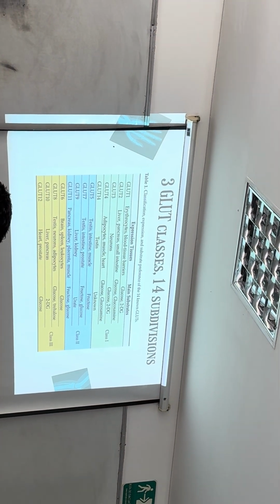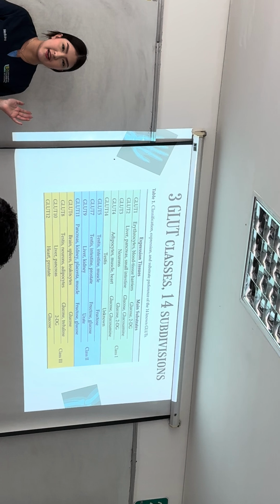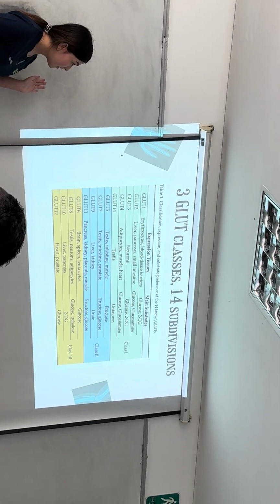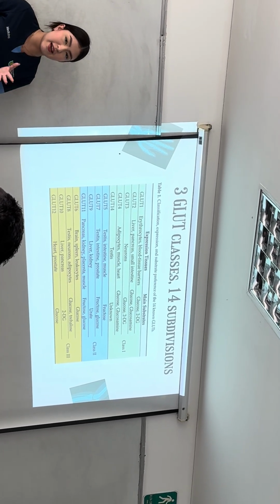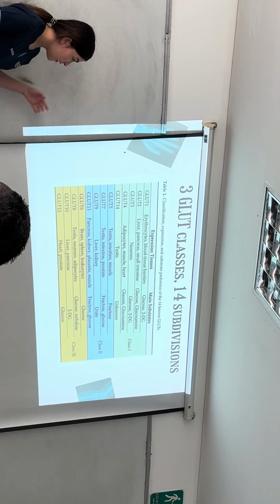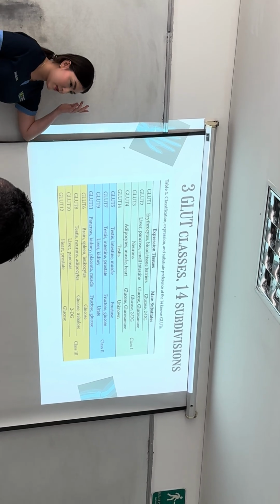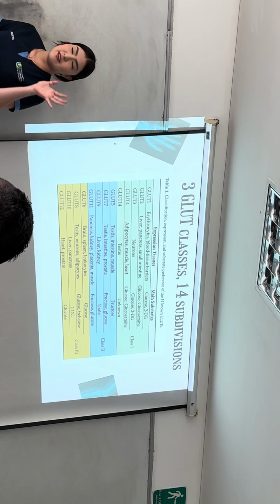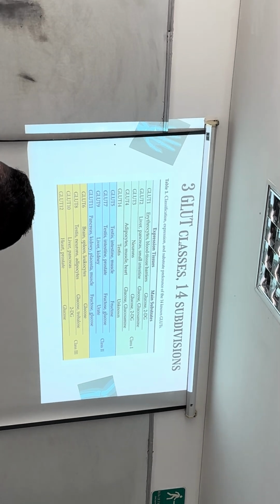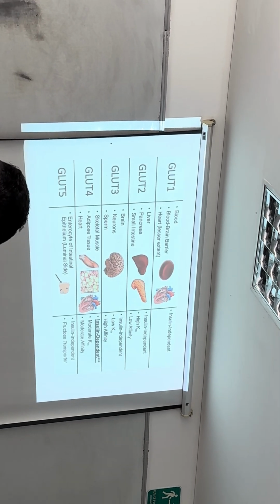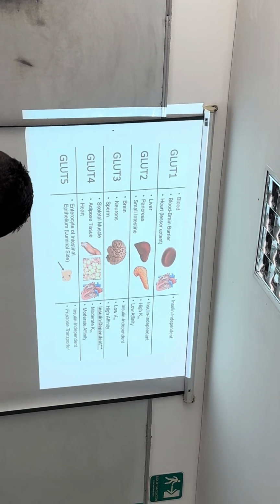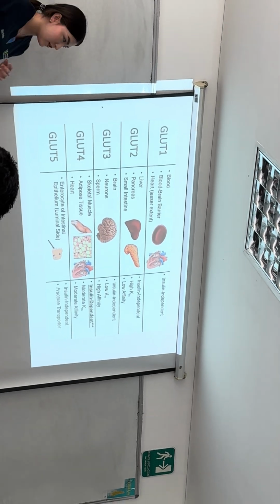As stated before, there are three classifications of GLUT, and we have all seen this table because it was in the reading, but I'm going to focus on these types because they are considered the most important GLUT transporters.